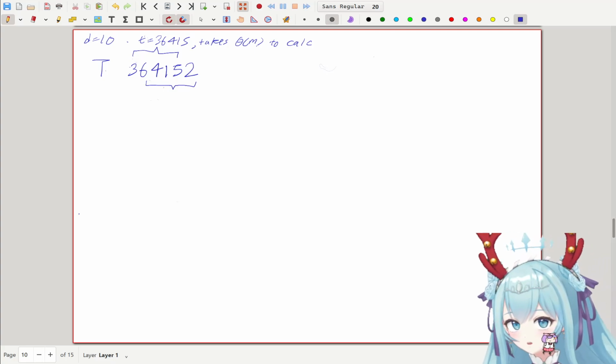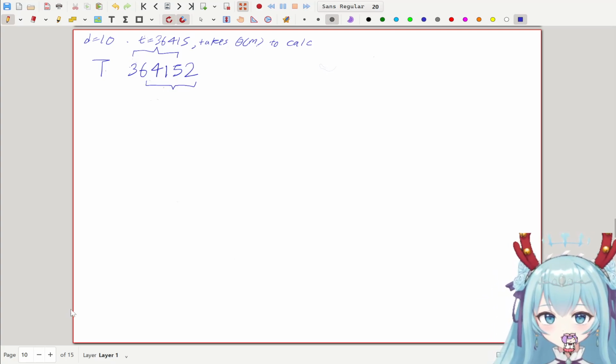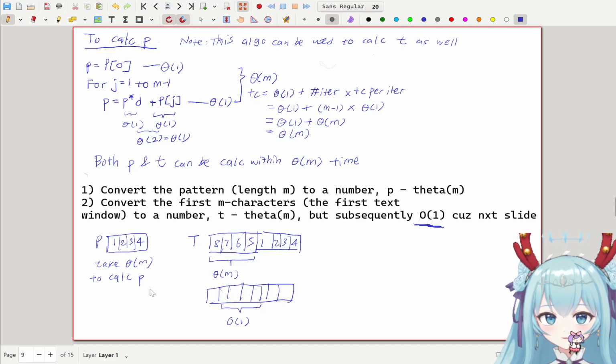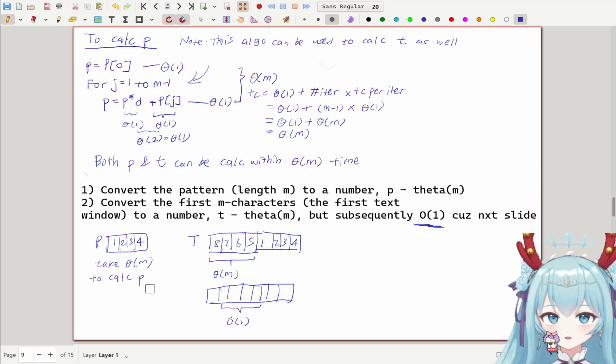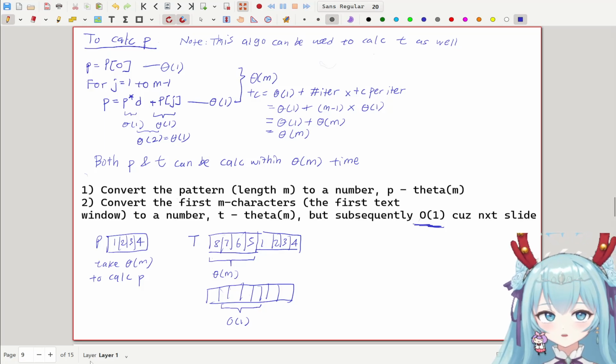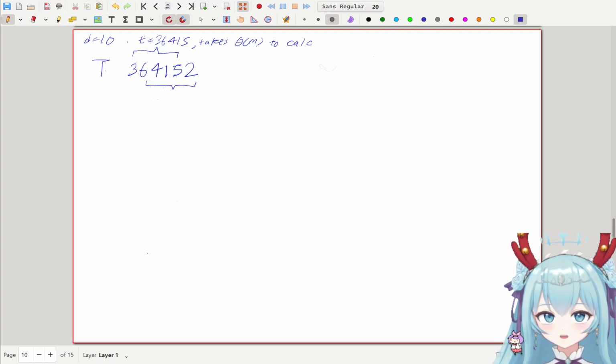And this is the second window. And what we can do, instead of doing this code that you see over here, which will take theta of m, we can avoid doing this and do something else instead. It's actually really intuitive.